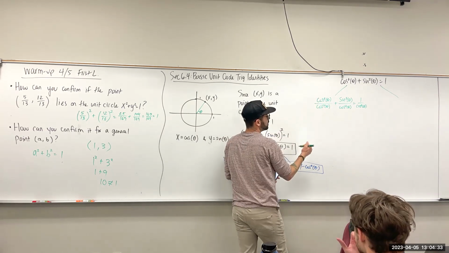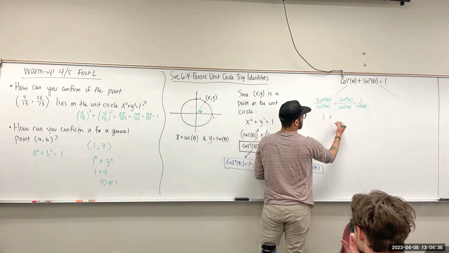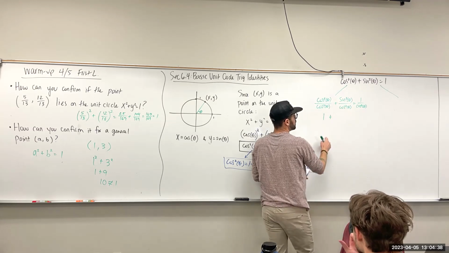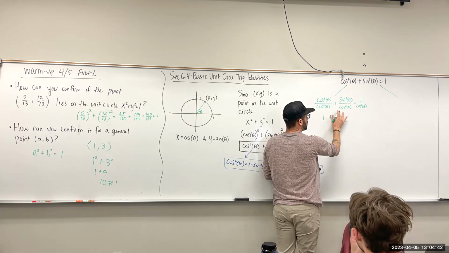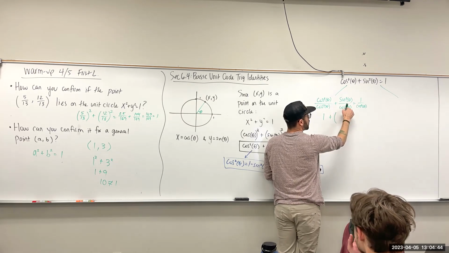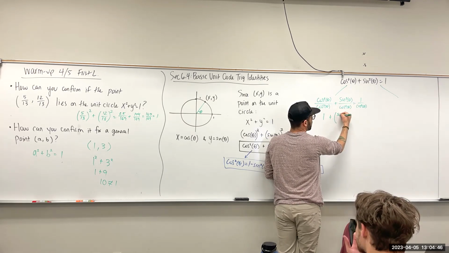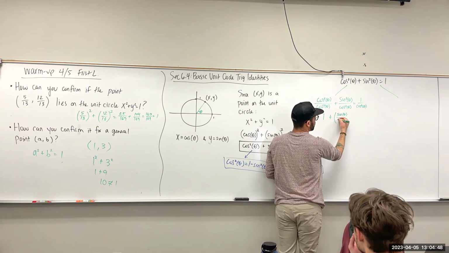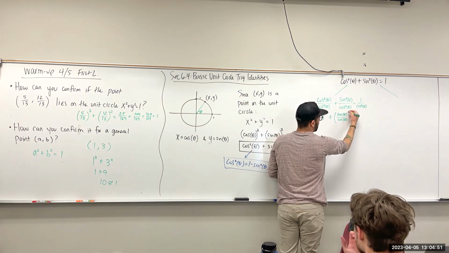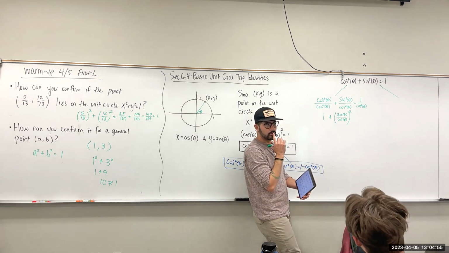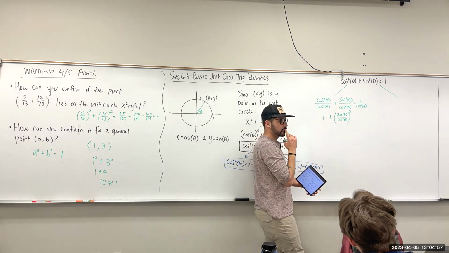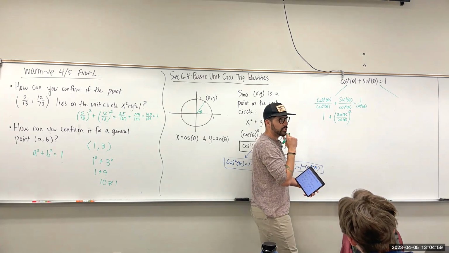This becomes 1 plus, let me write it this way. See how they're both being squared? I can write it as sine over cosine, and then that whole thing is being squared. You guys see that? It's going to end up being tangent squared.